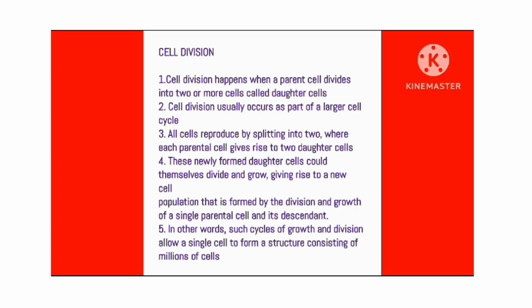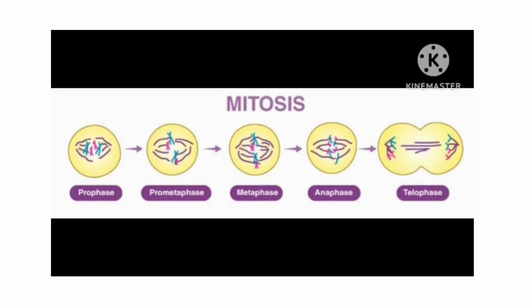These newly formed daughter cells could themselves divide and grow, giving rise to a new cell population that is formed by the division and growth of a single parent cell. In other words, such a cycle of growth and division allows a single cell to form a structure consisting of millions of cells.